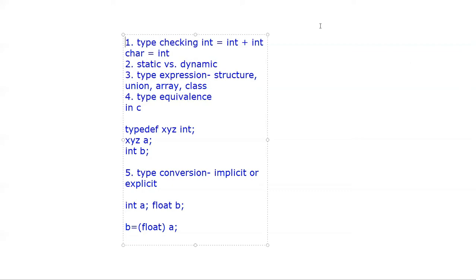So let's start with type checking. What is type checking actually? We'll take every topic one by one. Basically, type checking is the semantic aspect of the compiler. First and important thing, it is a semantic aspect of the compiler.